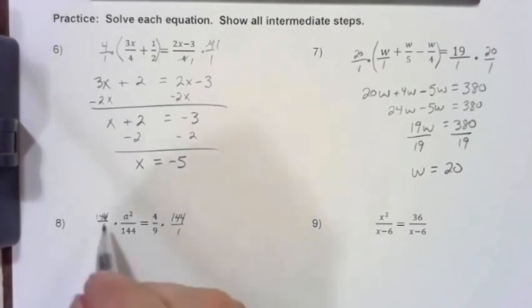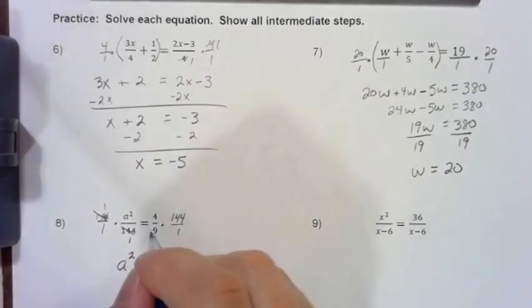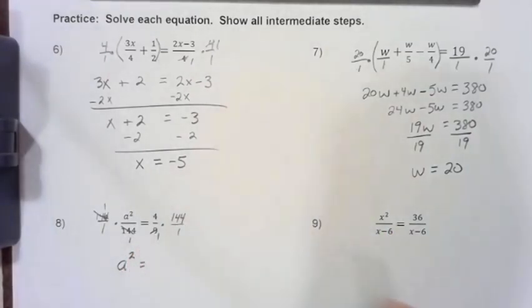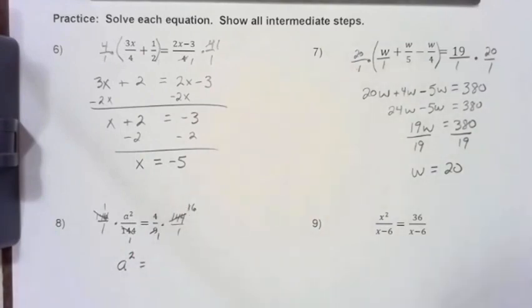On the left, 144 simplifies with itself, leaving us with just a squared. And on the right-hand side, 9 and 144 have a common factor of 9. 9 goes into itself once, and 9 goes into 144 16 times. So I have 4 over 1 times 16 over 1, or 4 times 16, which is 64.